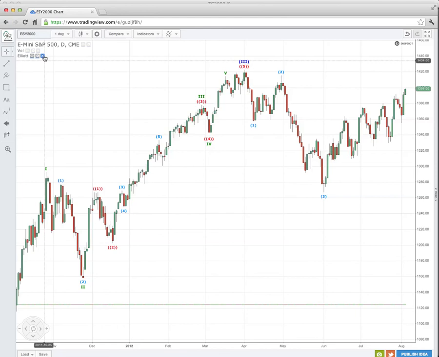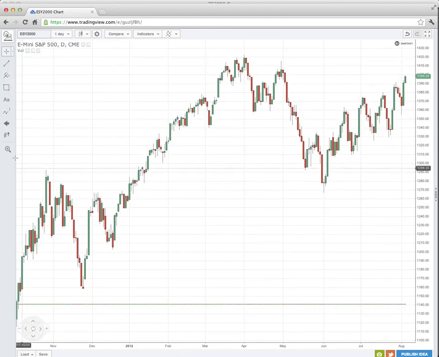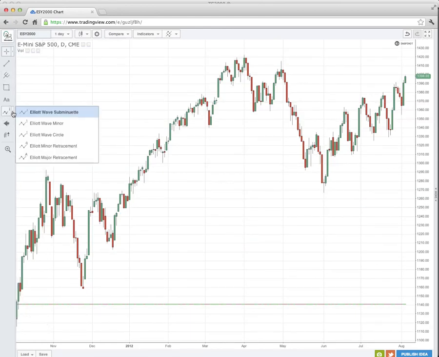So let's get rid of the computer Elliott waves, look at them a little later, but I want to draw out my own.